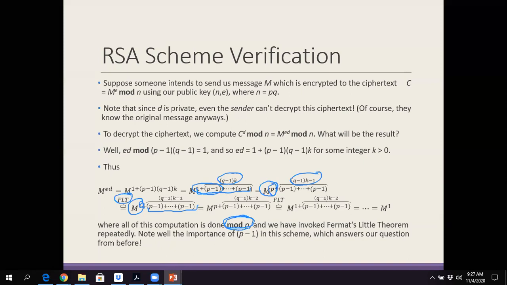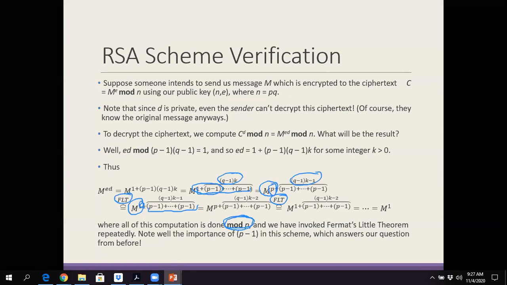And I just keep peeling off those P minus 1s and combining them with the 1, and I repeatedly apply Fermat's little theorem over and over again. I keep saying 1, peel off a P minus 1, give me P. M to the P is just M by Fermat's little theorem.